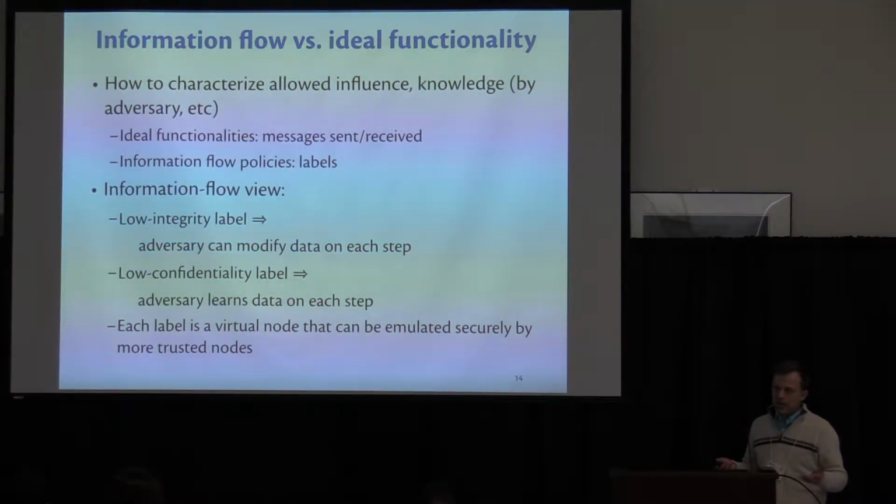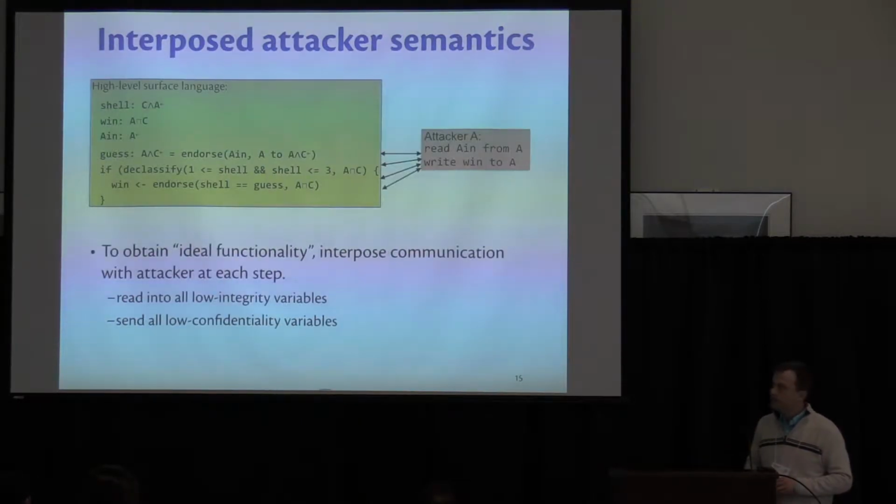And to be low confidentiality, it means that that information keeps getting leaked to the adversary at every step of the program. Okay? And another way to think about this is that in some sense, every label in your labeled program is kind of like a virtual node, a virtual principal that's out there, and you can view the program as a whole bunch of these things, as many as you need from your lattice that are communicating with each other.